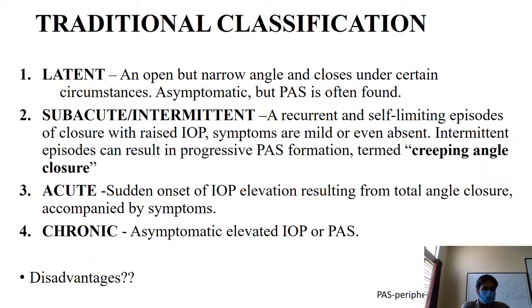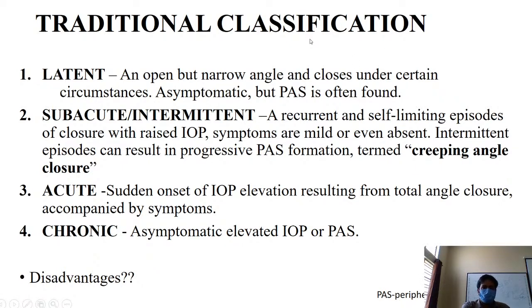Whereas in acute angle closure glaucoma, there is sudden elevation of IOP, and the patient has very severe shooting pain and headache, and there is blurring of vision. In chronic angle closure glaucoma, patients are asymptomatic, and they have elevated IOP or peripheral anterior synechiae.